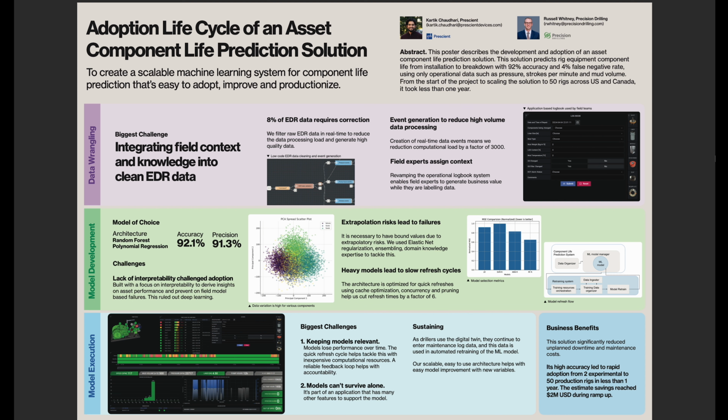For a particular component, it gives you basic information about various factors, like how long it has run, and how much stress it has seen. This is raw data, and for this system, we had around 900 million data points that we had to ingest.